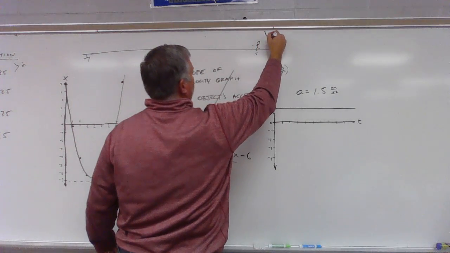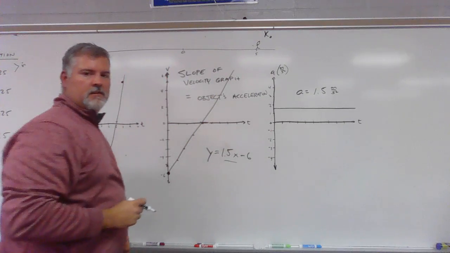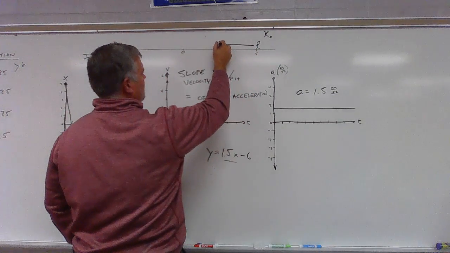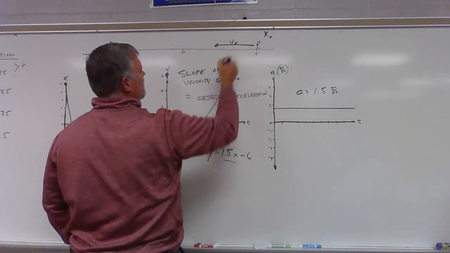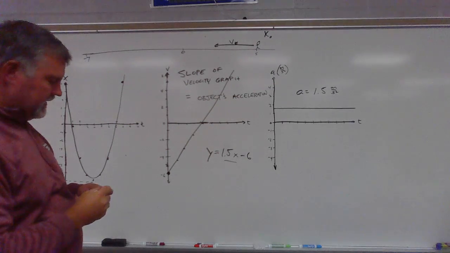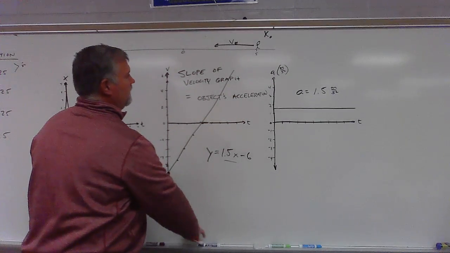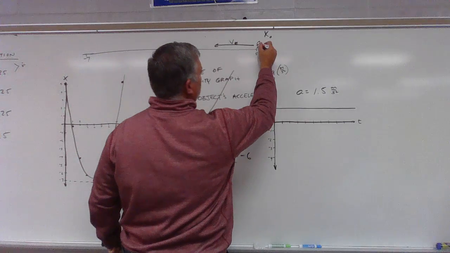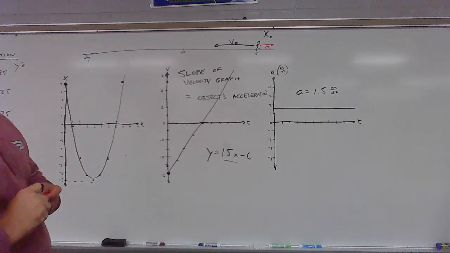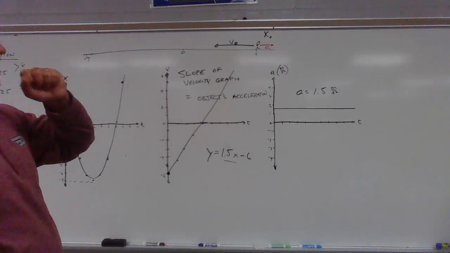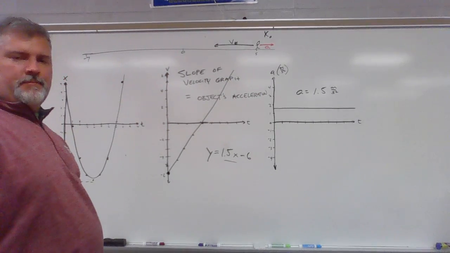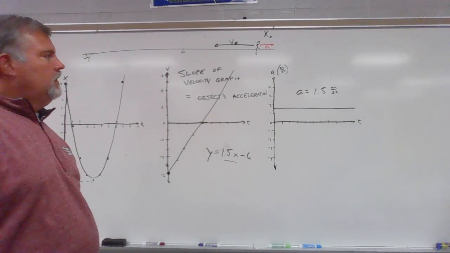So this is x naught right there, the initial position. The initial velocity vector would look like this. But the acceleration vector would look like this. Because the acceleration vector is in the opposite direction of the initial velocity, that dude's going to be slowing down to start.